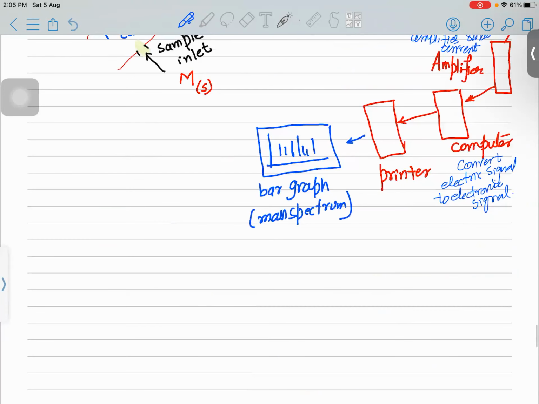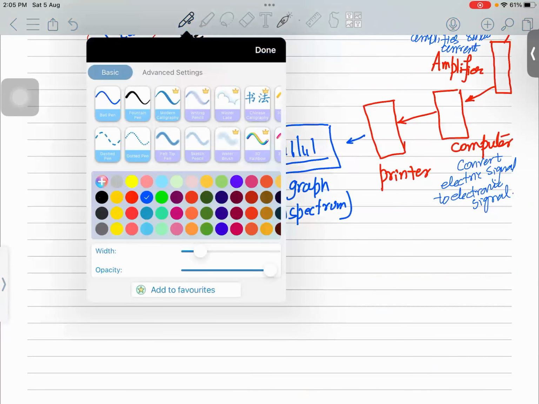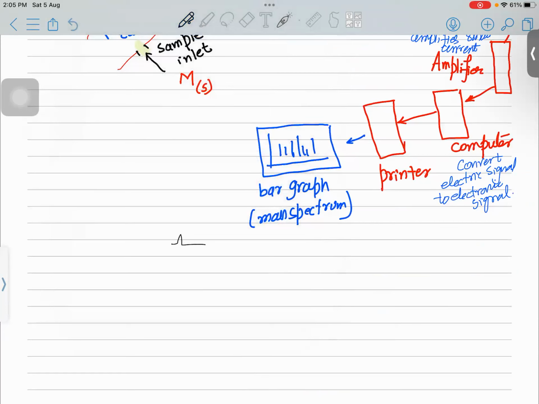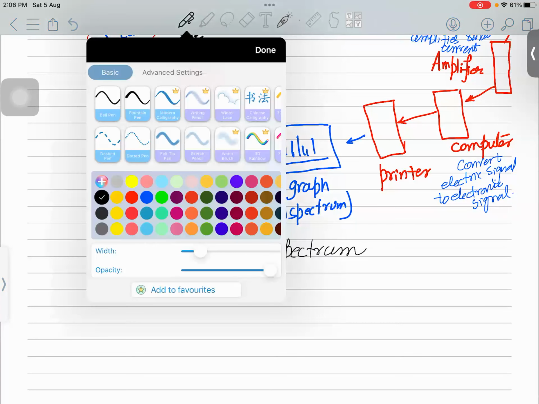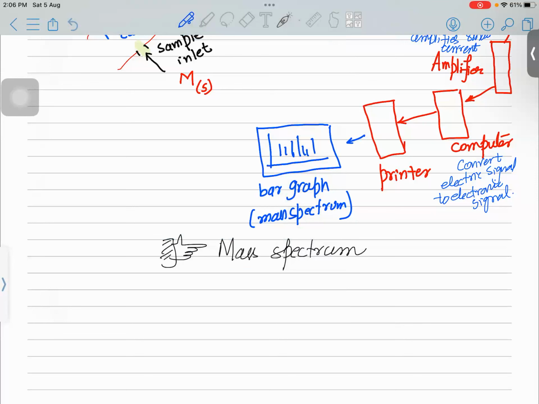The name of the graph is mass spectrum. If the examiner asks about the mass spectrum, this is the real theory behind it. Now tell me, what is a mass spectrum?